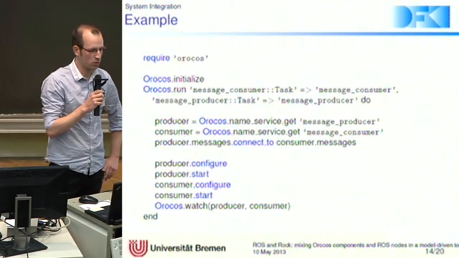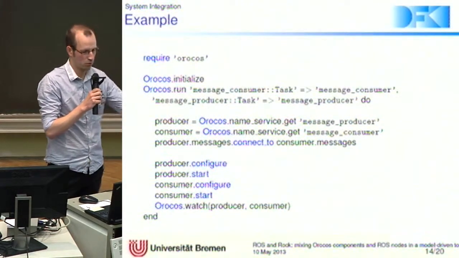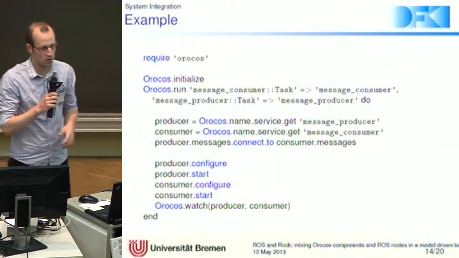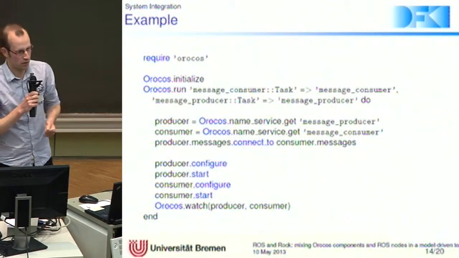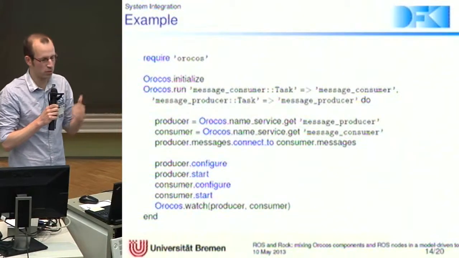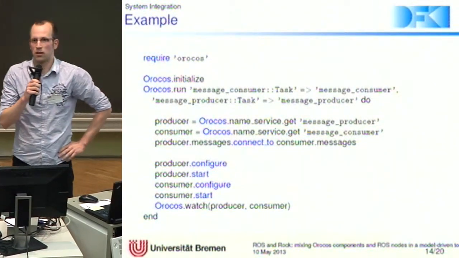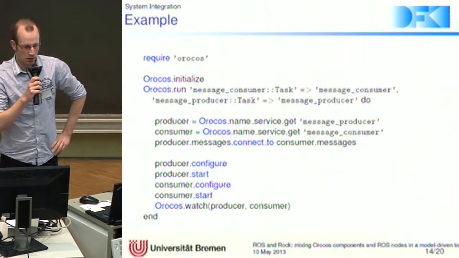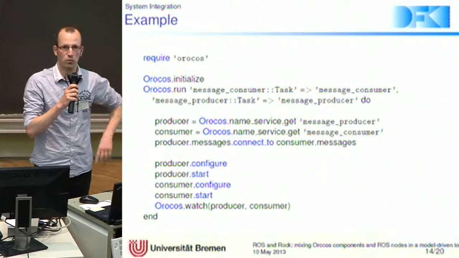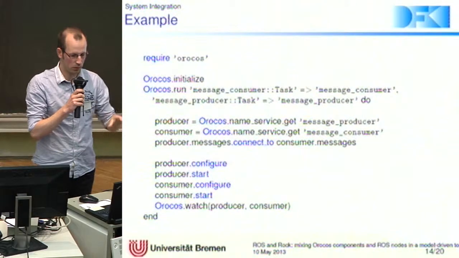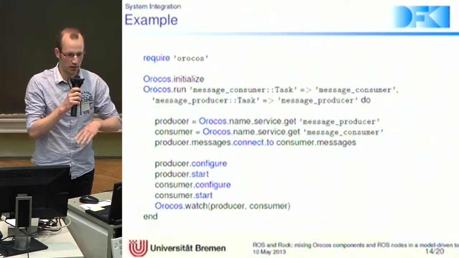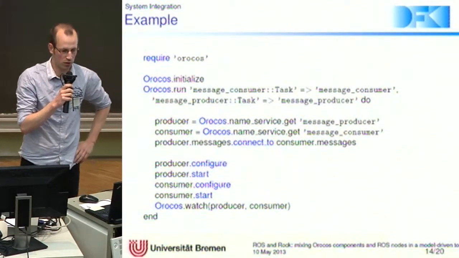We run so-called deployments, which are actually the built components. In this case, we have the task context called message consumer task, which is then identified as message consumer on the network. Same with the message producer task, which will be identified as message producer on the network.